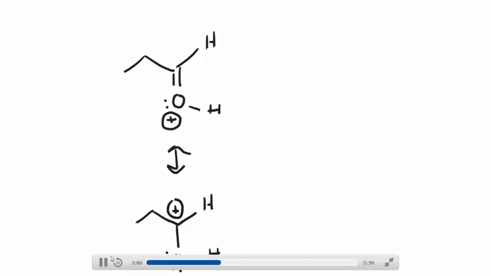Now what happens at this point is that the water that is present when you add the acid source will come in and remove a proton on the alpha carbon. So again, I'm going to draw those in green. This is exactly the same mechanism you saw for acid catalyzed formation of the enol.